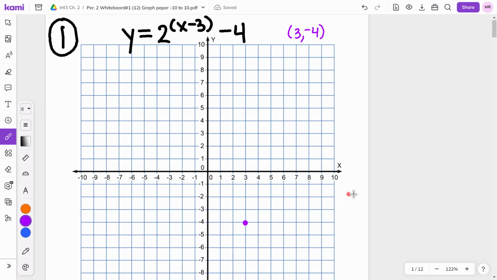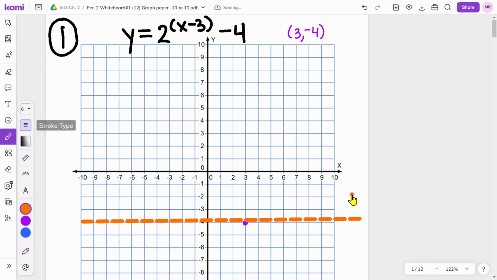And that locator point is actually not going to be a point on my graph. In terms of the actual exponential, it's going to help me find where my start is, but also where my asymptote is. So for this, I am going to draw a horizontal line, which we call an asymptote, through that point.